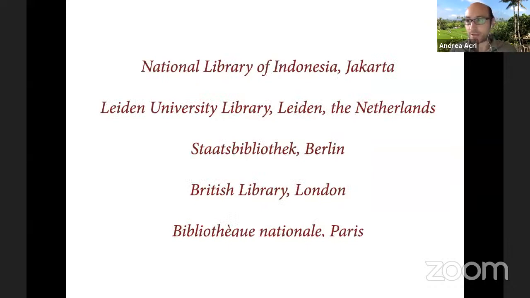Other important collections are found in Jakarta, in Java, and also in the West. For instance, the Leiden University Library in the Netherlands is probably the most important collection outside of Indonesia, and also in Berlin, in the British Library in London, and in Paris.